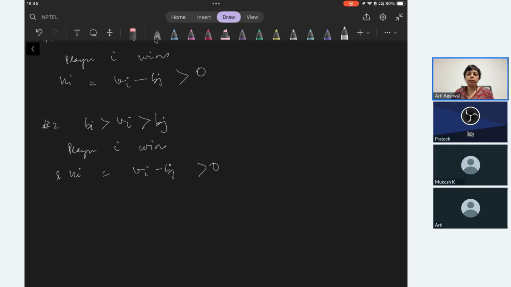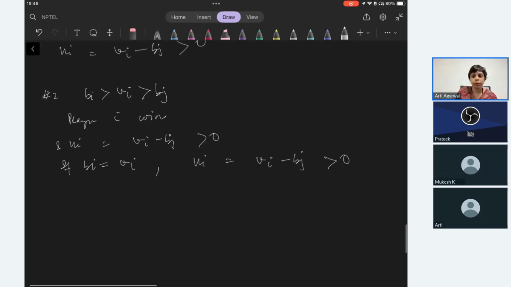Is bidding something more than vi making any difference? It's not, because he's still going to get the same payoff. If bi is equal to vi, ui is still vi minus bj, which is greater than 0. So bidding his own valuation does exactly as well as bidding something higher than his valuation. That much is clear mathematically. We don't need very rigorous maths for it.